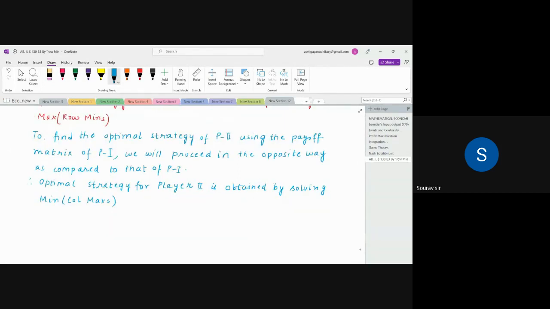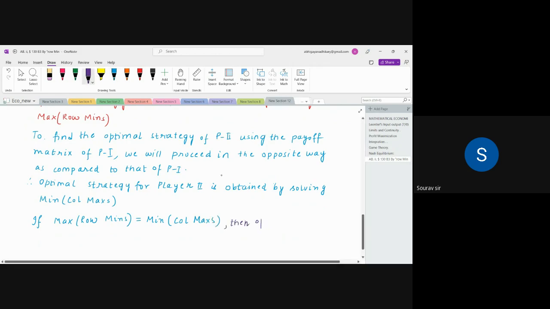If max of row min is equal to minimum of column max, then an optimal strategy profile exists.